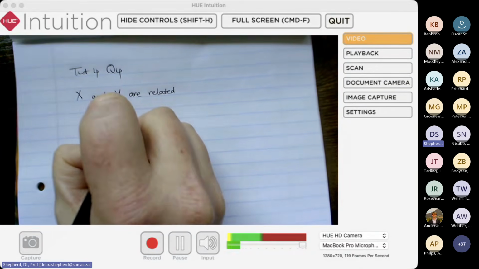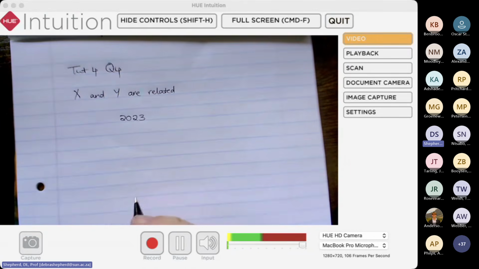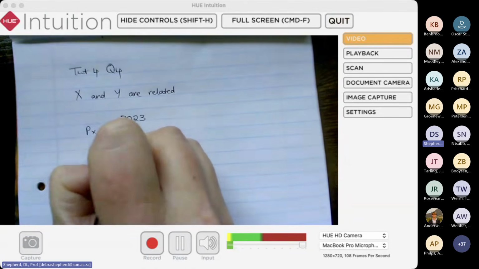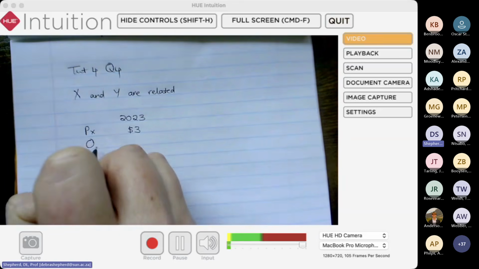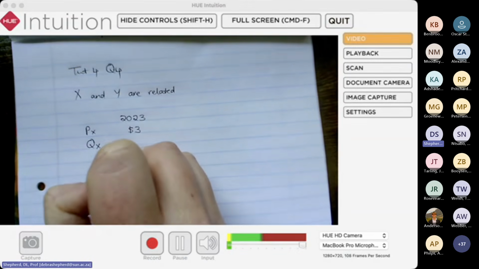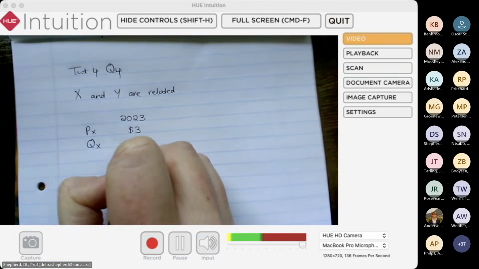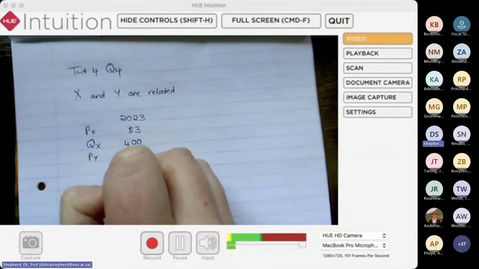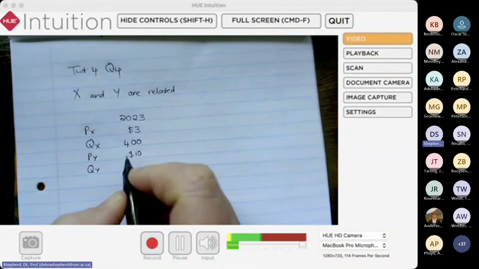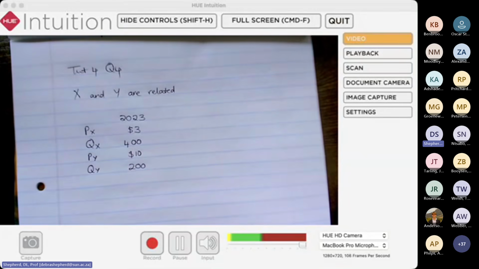Then we get told in 2023, the price of X was $3 and the quantity sold of X was 400. The price of Y was $10 and the quantity sold of Y was 200.